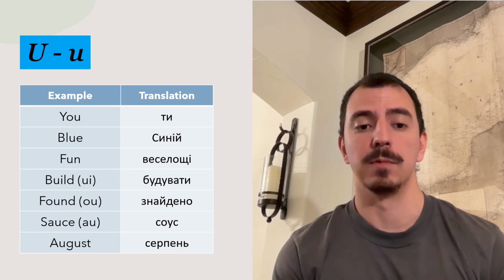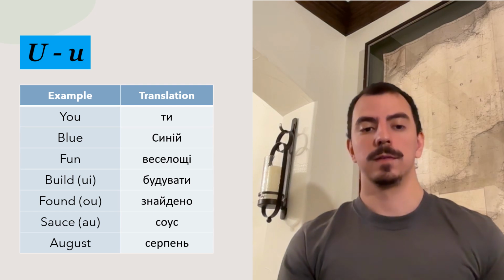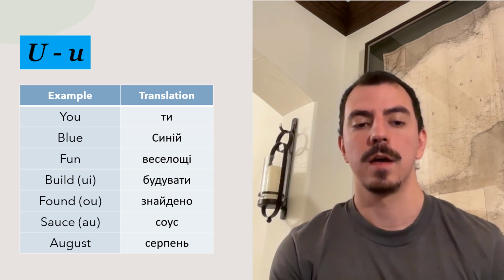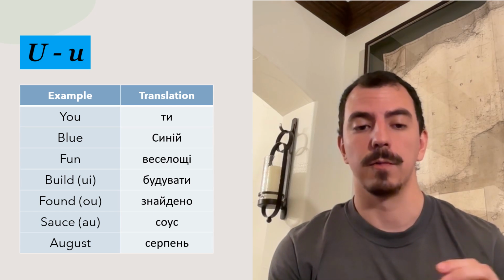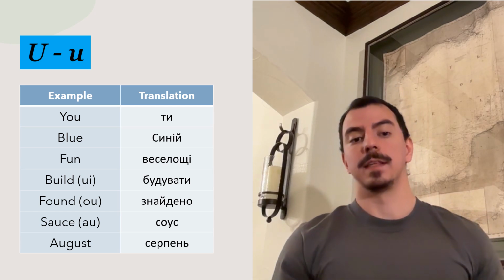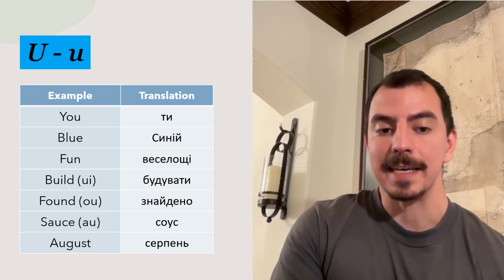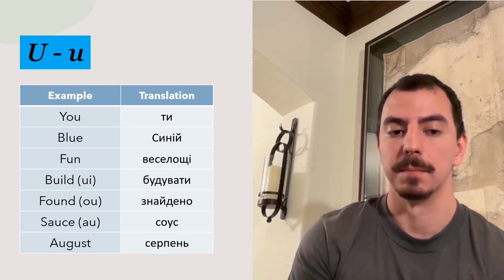The next example is AU. When A and U are next to each other, it makes a sound like sauce, AU, August. So it's really a focus on the A in it. But if the U wasn't there in sauce, so if we'd spelled it S-A-C-E, that E would be telling you to change the sound to an A, so it would become sace.